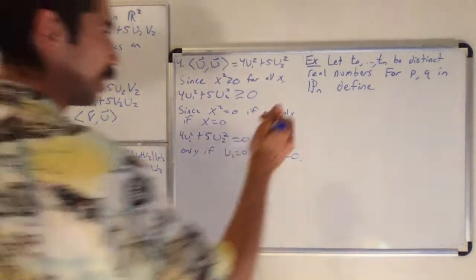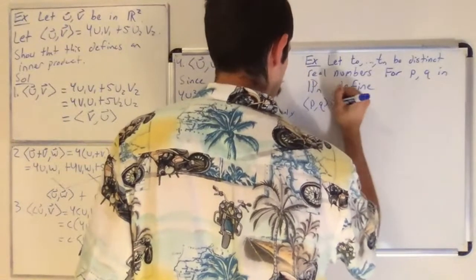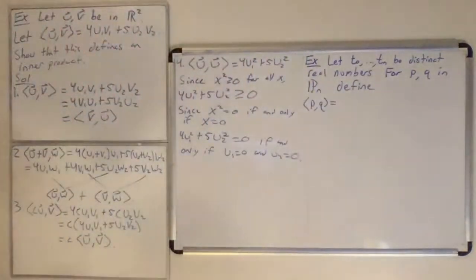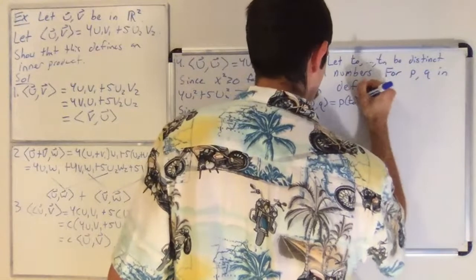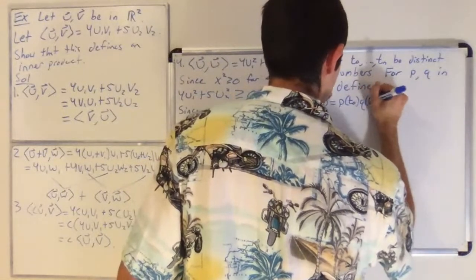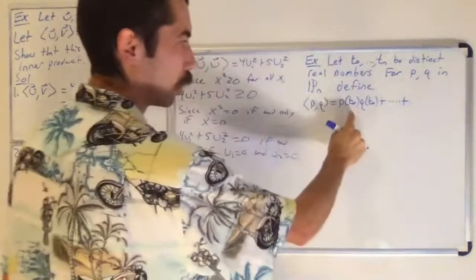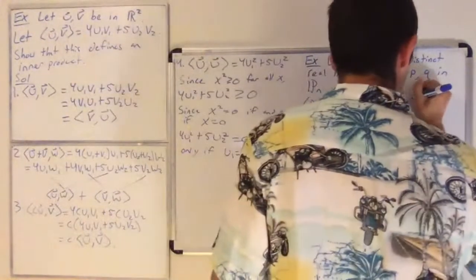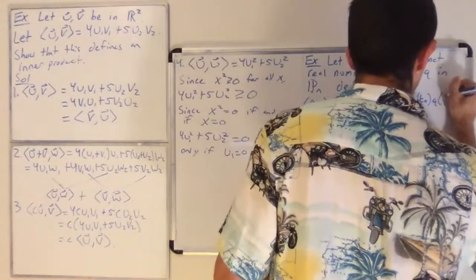And we'll define this product PQ by, we take P evaluated at t0 times Q evaluated at t0. And we do this for all products up to P of tn times Q of tn.